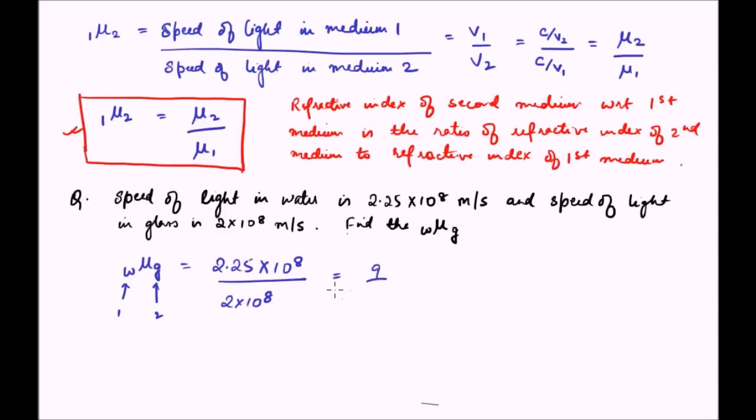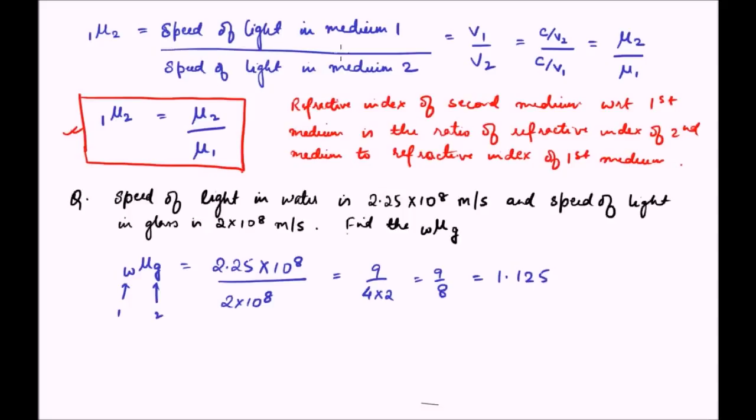This is basically 9 upon 4 into 2, which is 9 upon 8, or alternatively we can write it as 1.125. So the refractive index of a second medium with respect to the first medium can be found out like this: the speed of light in first medium upon the speed of light in second medium.